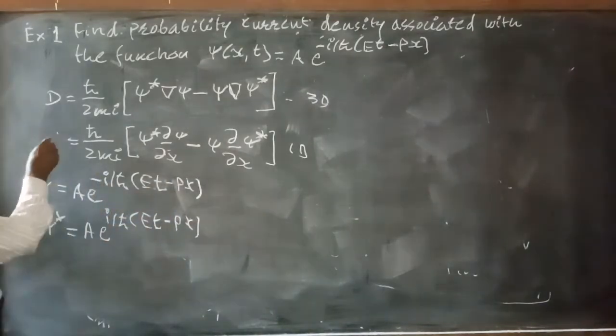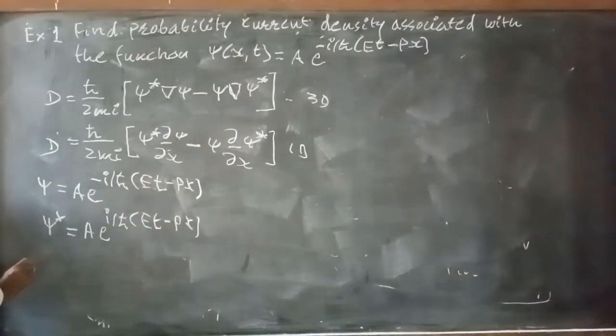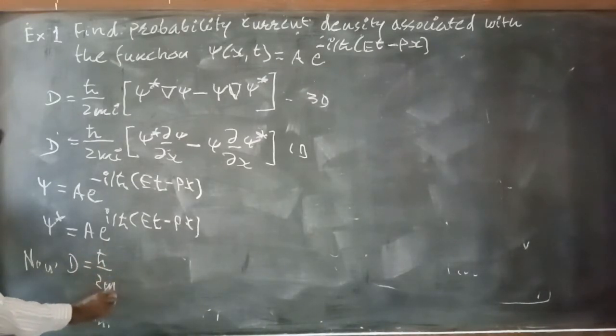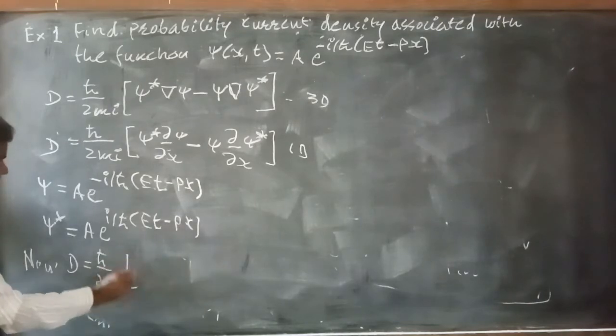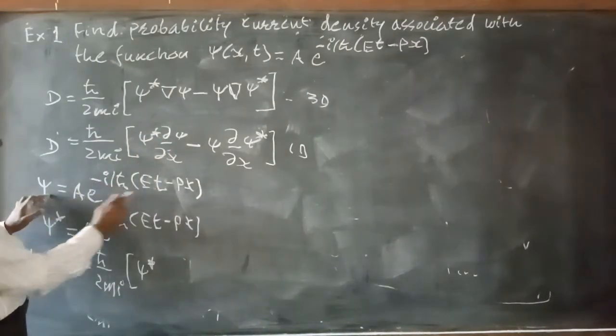Now we will solve this equation, J is equal to ħ divided by 2mi as it is, in bracket, the first ψ star as it is, ψ star ∂ψ/∂x. We have to take the differentiation of this.